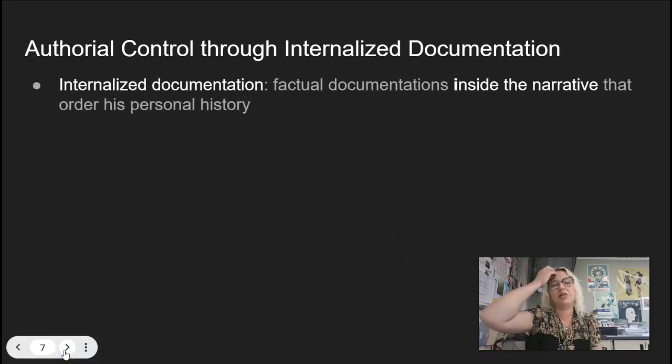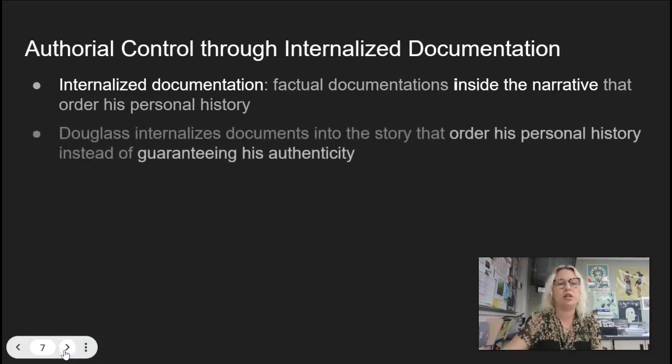All right. How about internalized documentation? This is factual documentation inside the narrative that orders Douglass's personal history. What's interesting about this is that most slave narratives used these internalized documents to guarantee the writer's authenticity, to prove that, yes, this happened to me, I am this person, and these things are real.